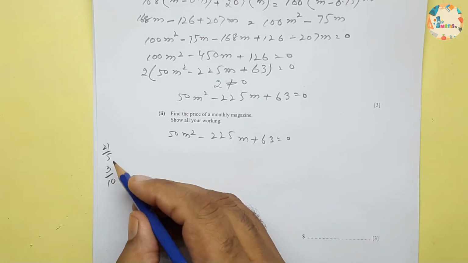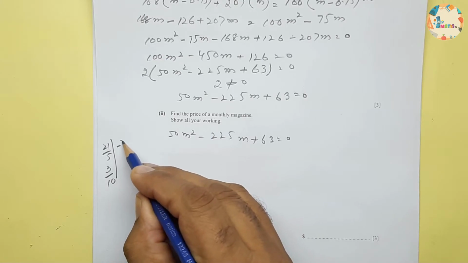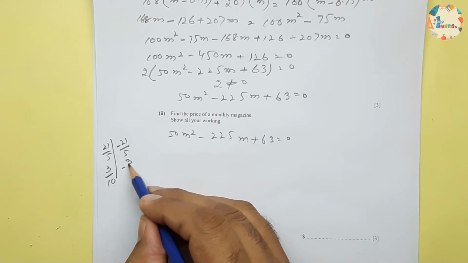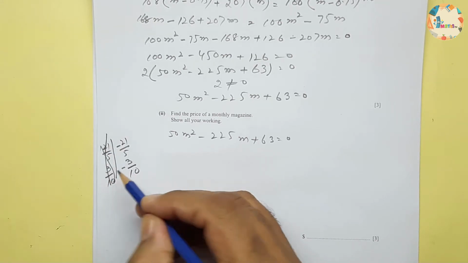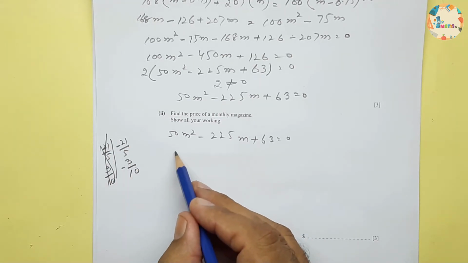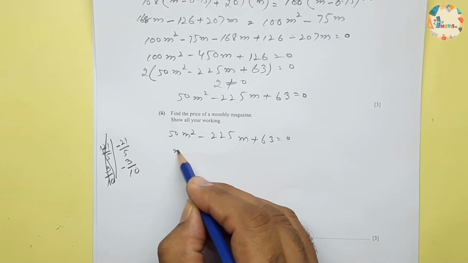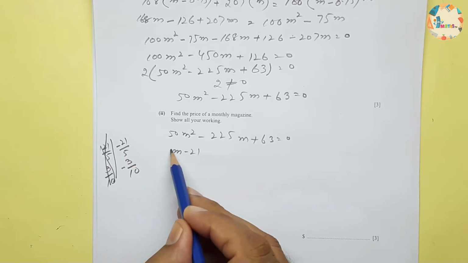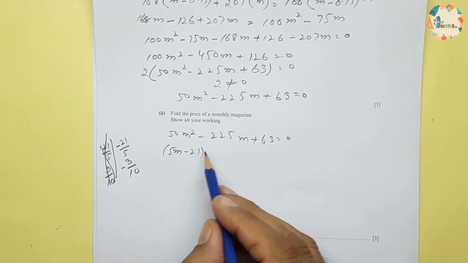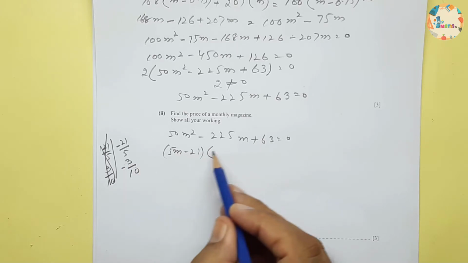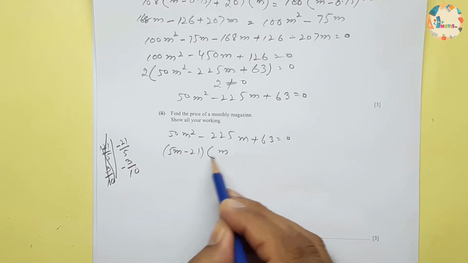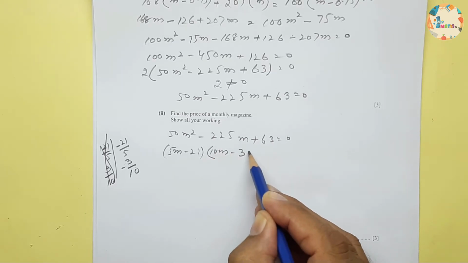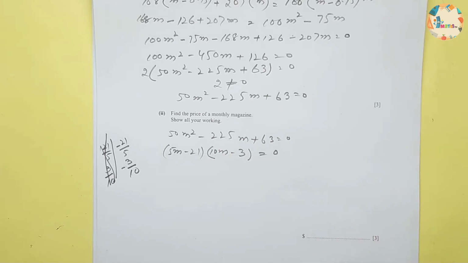So these are the two values, and we'll have to change the sign: over 5, and this will be minus 3 over 10, and we'll be discarding this one, so we'll be using this. So this will be m minus 21 over 5, and for the second one we will write m minus 3 over 10, and this is equal to 0.